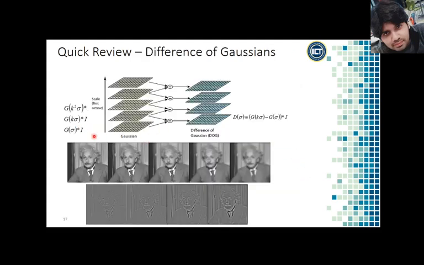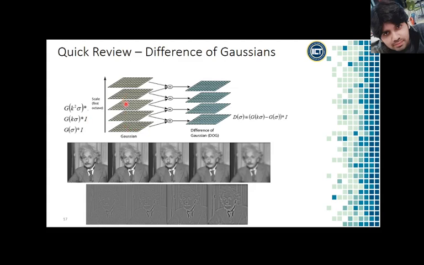So see this, this is a scale filter convolved with the image, and this is again increasing scaled functions convolving with the image.